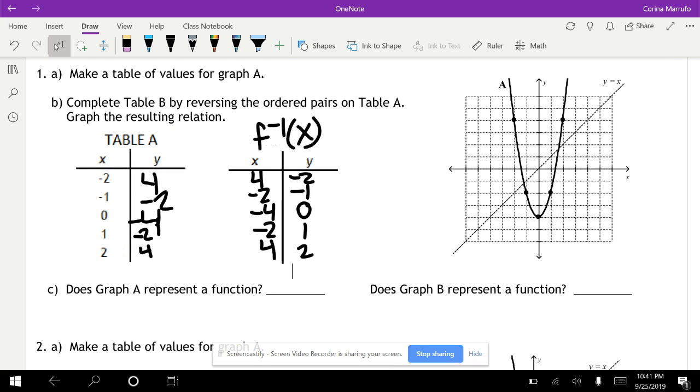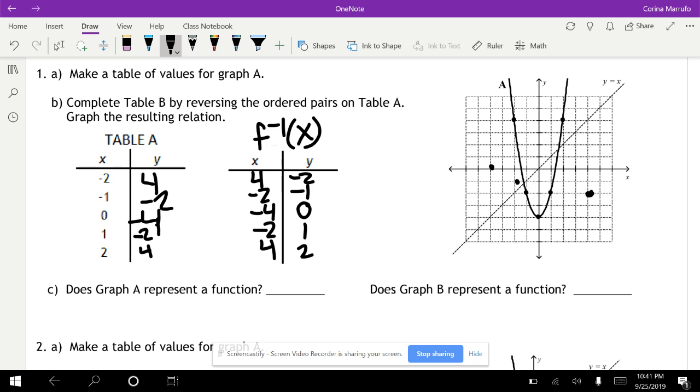All right, so I'm going to go ahead and graph this here. We have 4, -2. So 1, 2, 3, 4, 1, 2. Then -2, so 1, 2, -1 is right here. Then -4, 1, 2, 3, 4, 0.